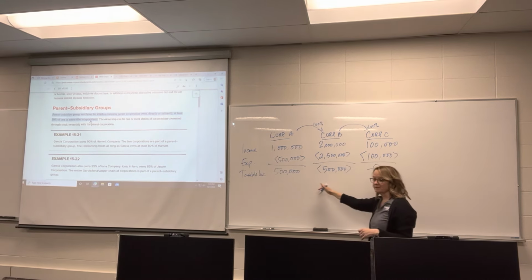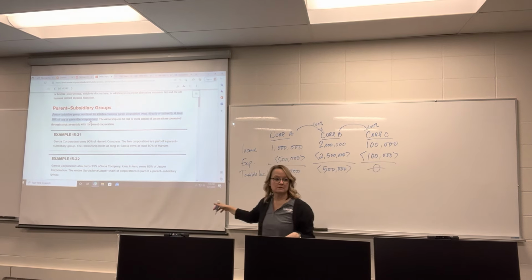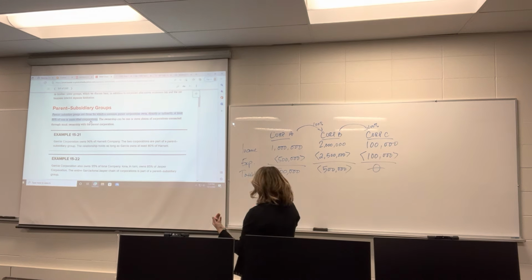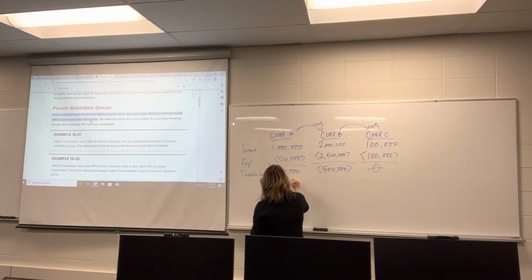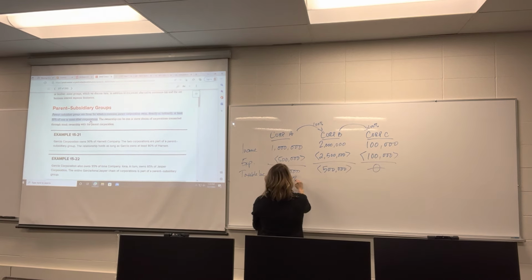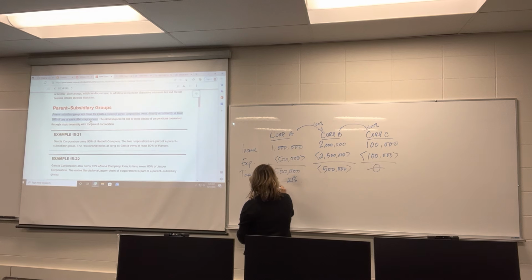If each of these companies filed their own tax return, we would have a 21% tax rate here, so what do we have? Is that 105? Do I have that right? 105.